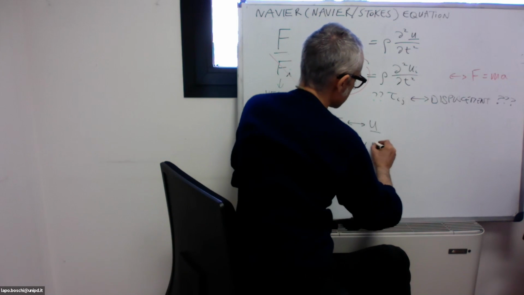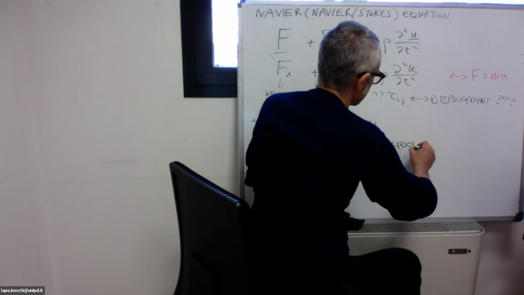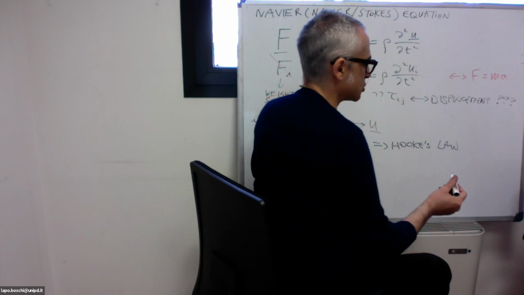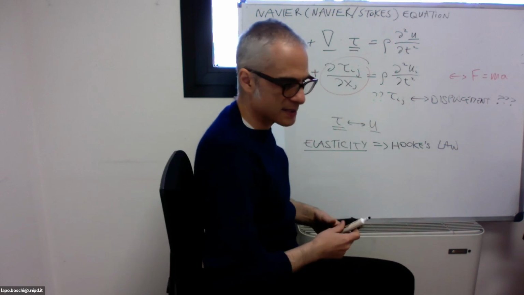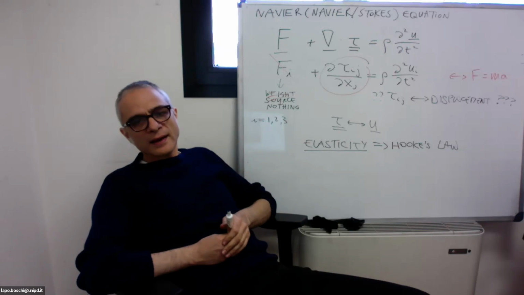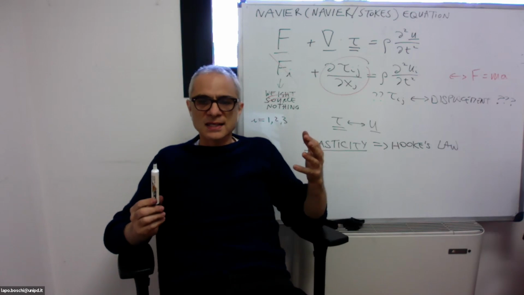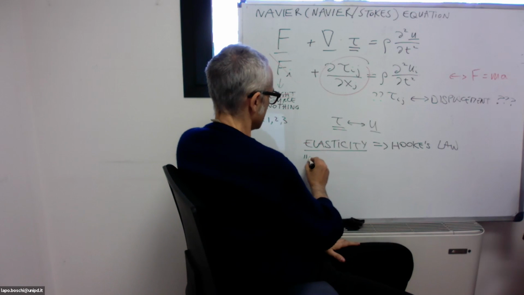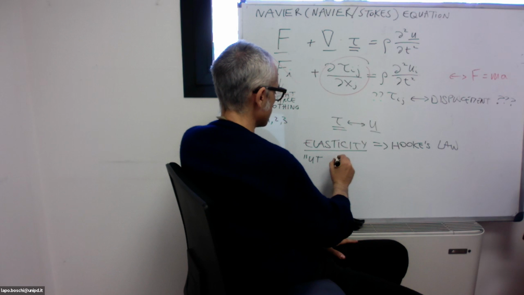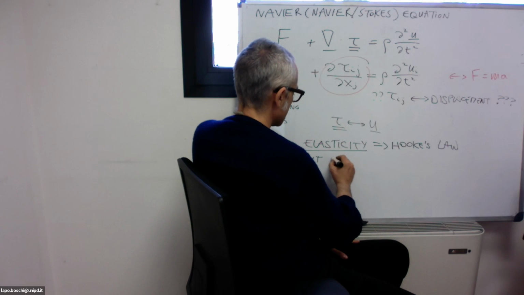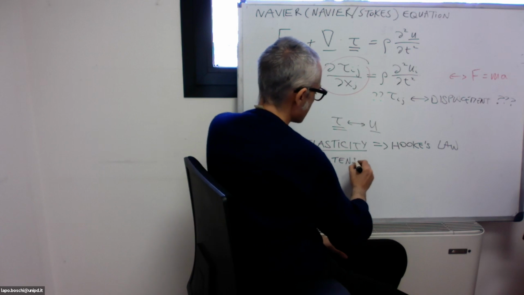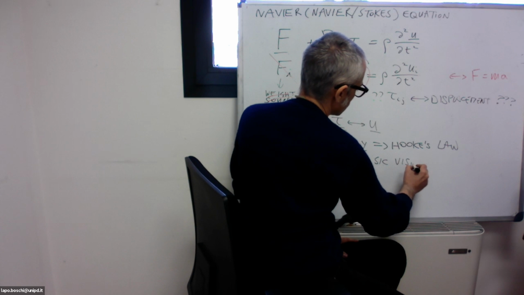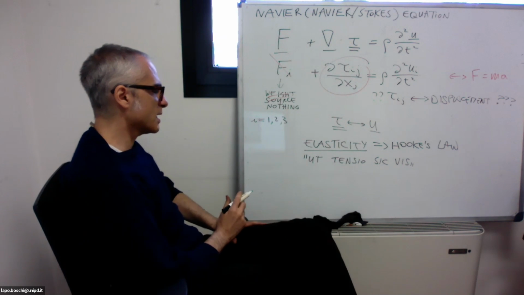For a perfectly elastic media, Hooke's law holds, which in one dimension is Hooke's law for the spring. It says, ut tensio sic vis. This is how Hooke formulated it in Latin a few centuries ago. The force is proportional to the deformation.